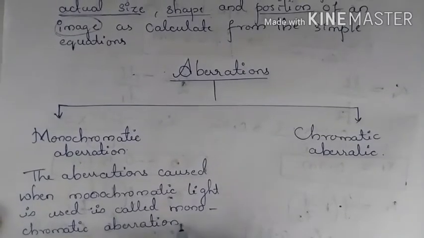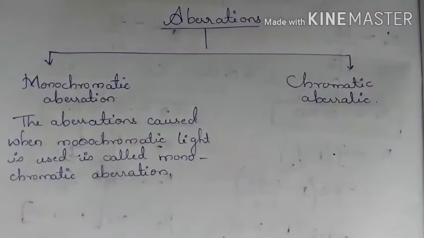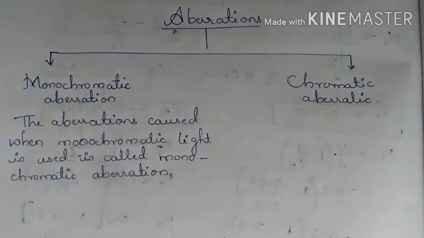This is the monochromatic aberration. The aberration caused when monochromatic light is used is called monochromatic aberration.